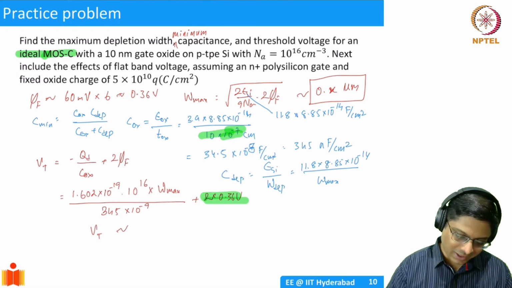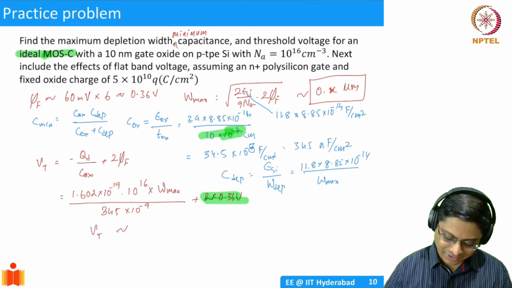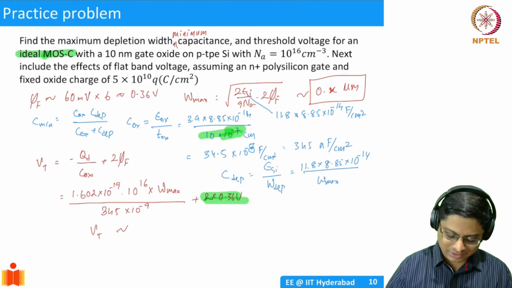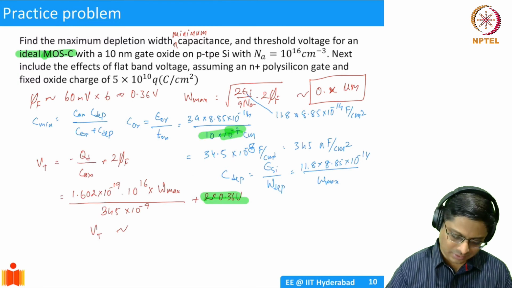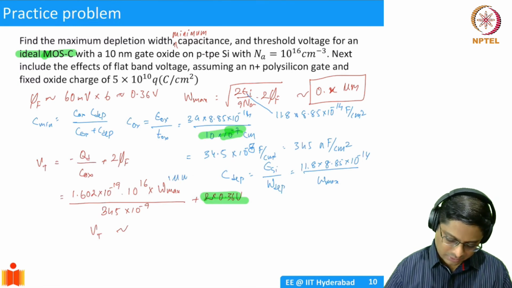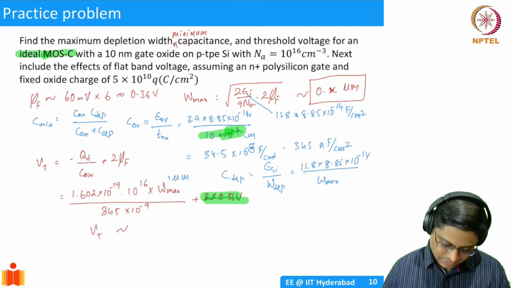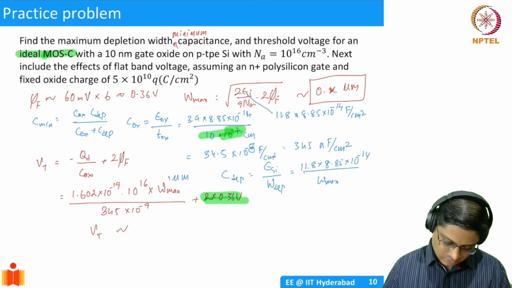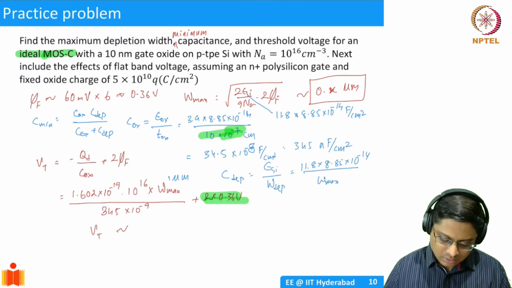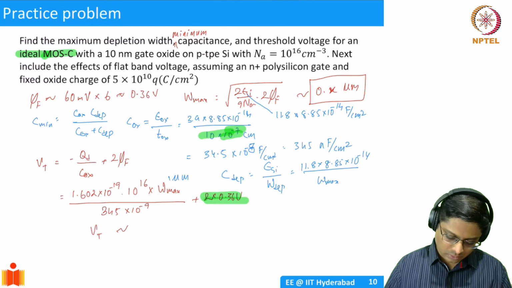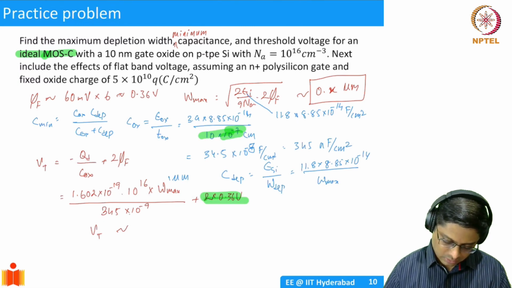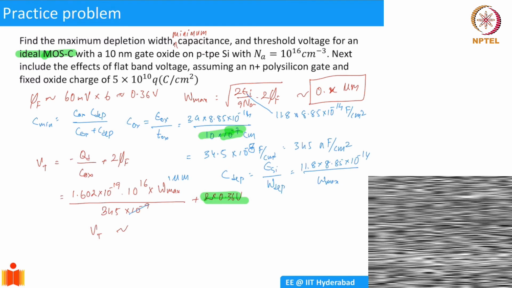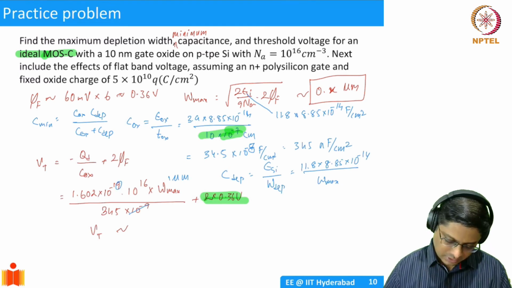So let's try to guess estimate, right? I'll take this as 1 micron, just as an approximation. That's all I need. So this will go out, this will become 10, that will become minus 6.